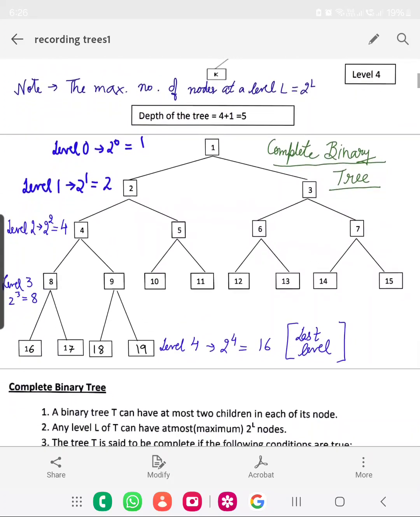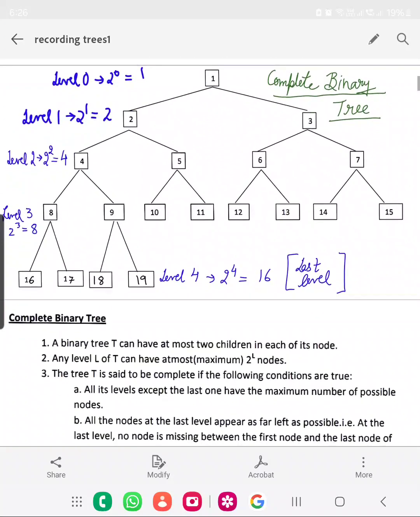Now we talk about another type of binary tree, which is a complete binary tree. As you can see in this diagram, this tree is an example of a complete binary tree. We have 1, which is the root of the tree. The left child of 1 is 2 and the right child of 1 is 3. Both of them are at level 1.